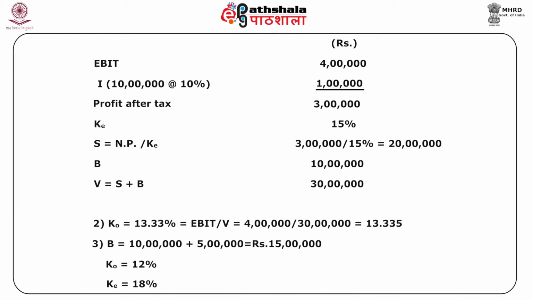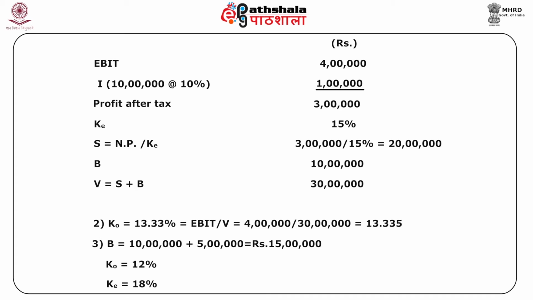Value of the firm using the traditional valuation approach: EBIT is 4 lakhs, interest payable on the debt is 1 lakh, profit after tax is 3 lakhs, the cost of equity is 15%, the equity portion is 3 lakhs divided by 15%, which is 20 lakhs, while the value of the debt is 10 lakhs. So the total value of the firm is 30 lakhs.